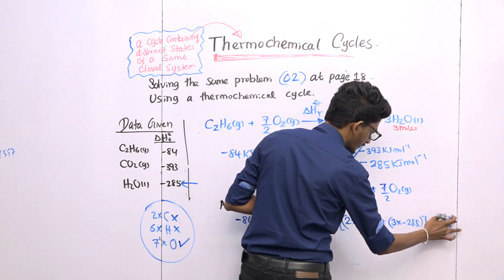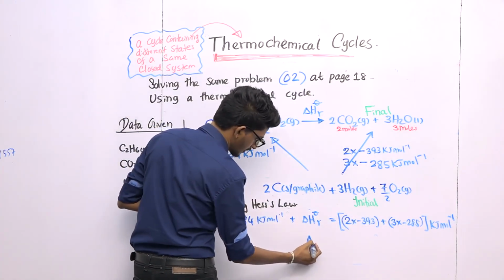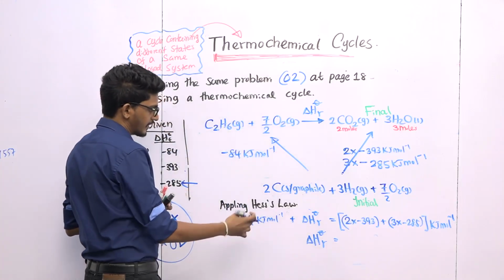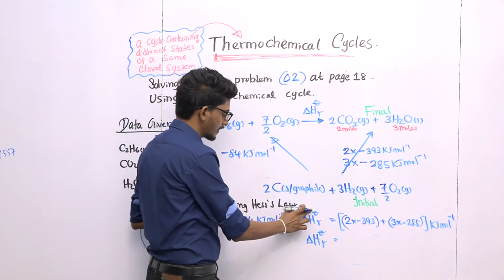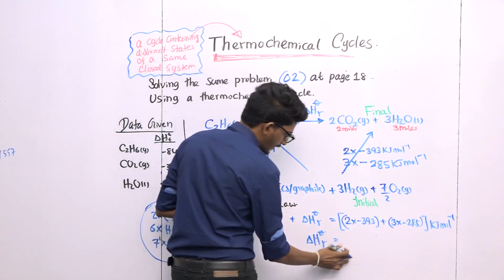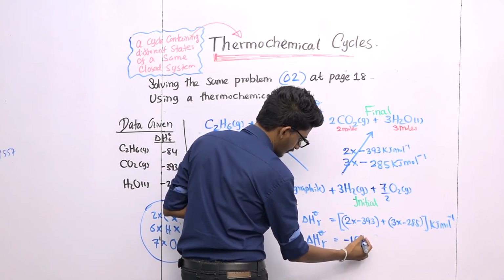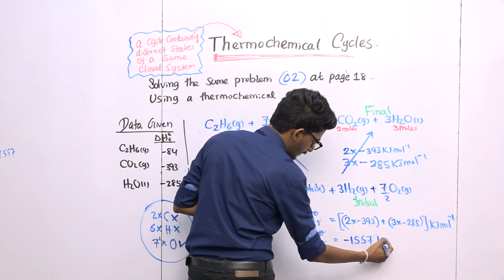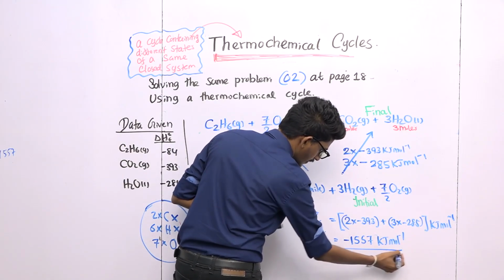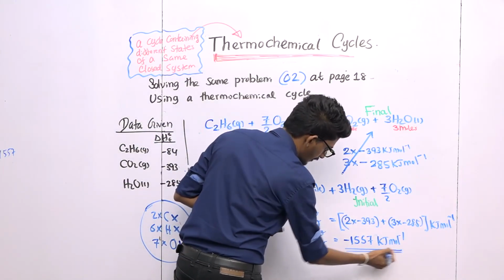So you can simplify these numbers and come up with the delta H naught R. It should be the same value you got from the application of the equation. That was 1557, no? Should be the same value as the answer got from the application of the equation, right?